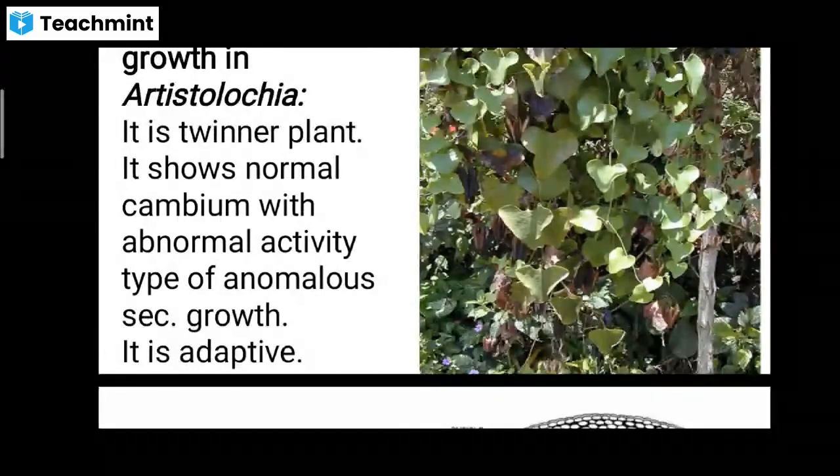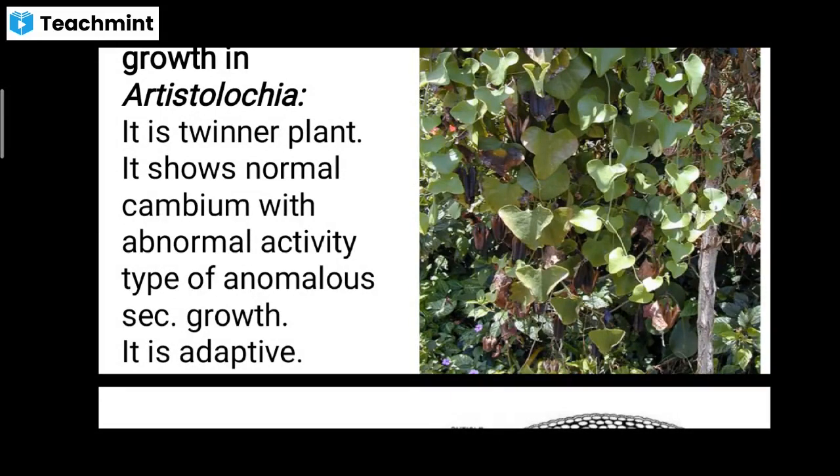textured. That means the secondary growth will occur in the vascular cambium as well as in the cork cambium. So in this Aristolochia plant, they show the cambium with abnormal activity. Abnormal activity means there is the addition of some different type of cell, and it is an adaptive type.